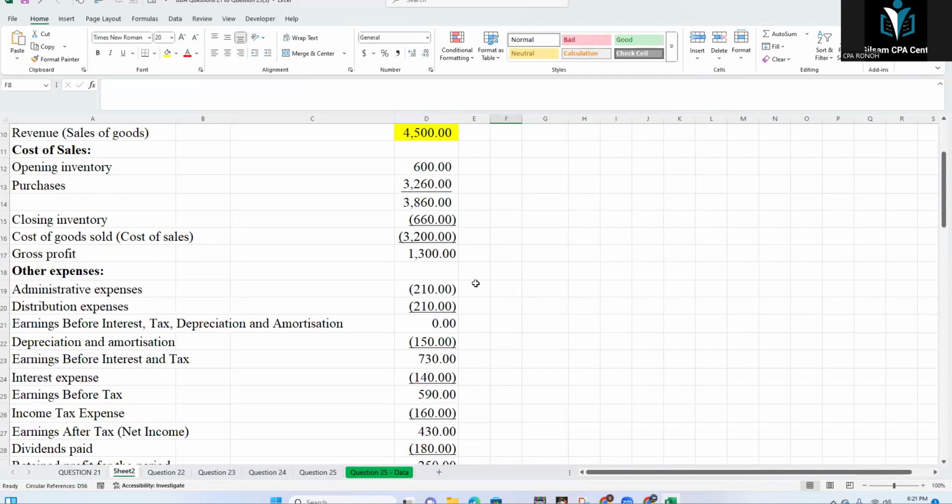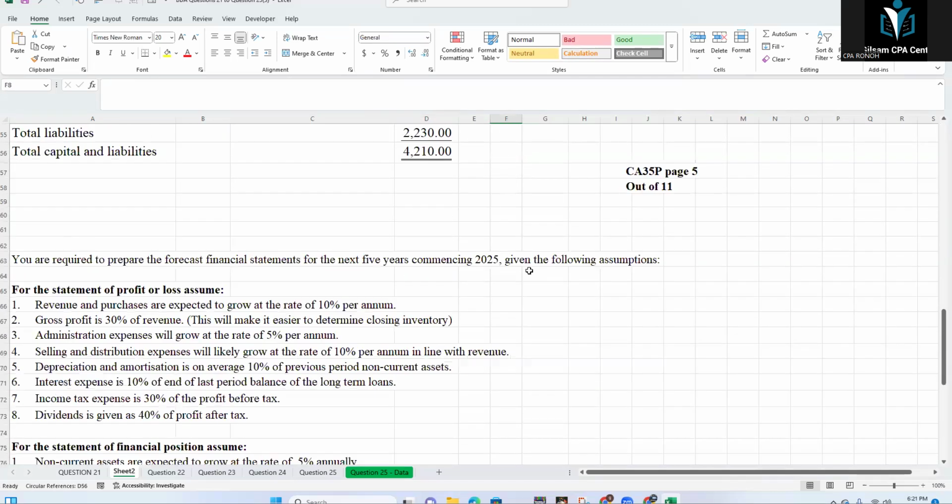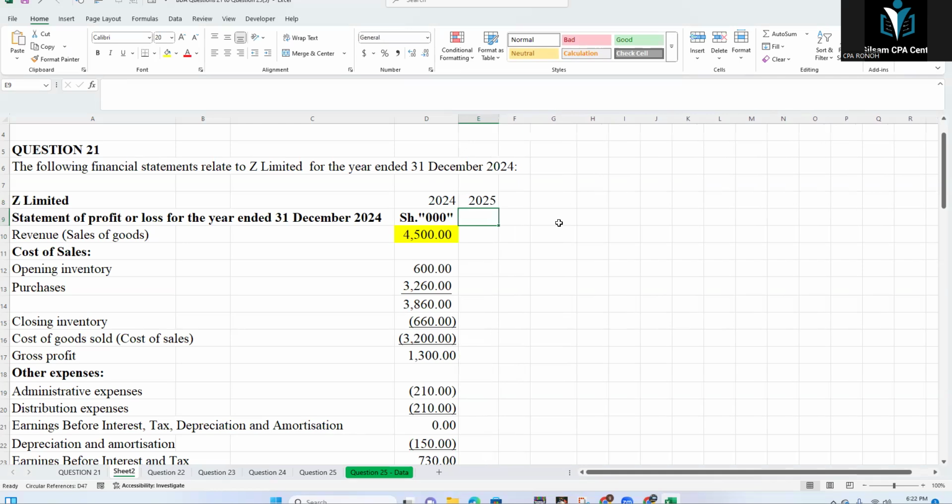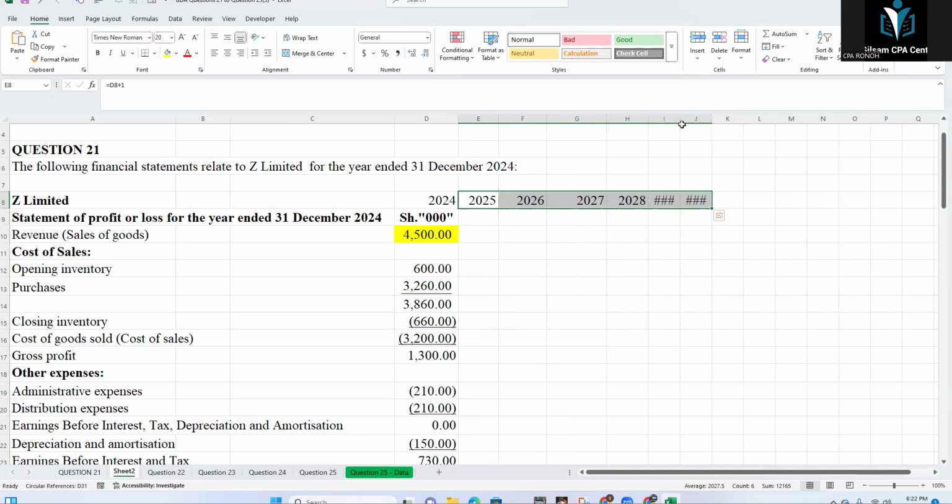That is 2024. Now we have been told to do the next 5 years, which will be up to 2029. So in the next cell here, just say equals this plus 1. Click enter. Now select this, up to that, I think it will end there. Click Control R on your keyboard to copy it across.